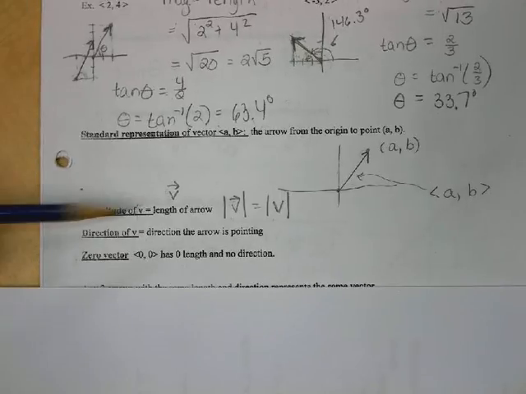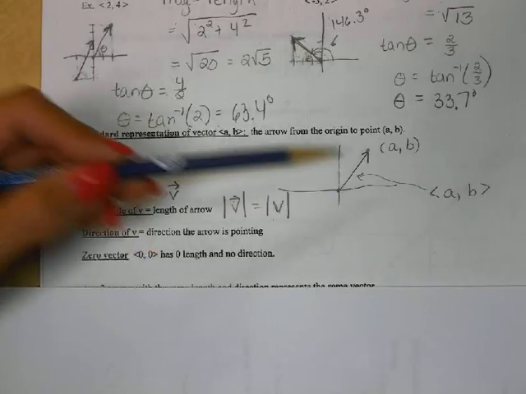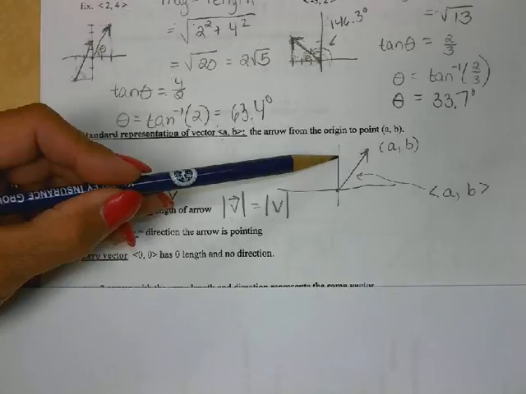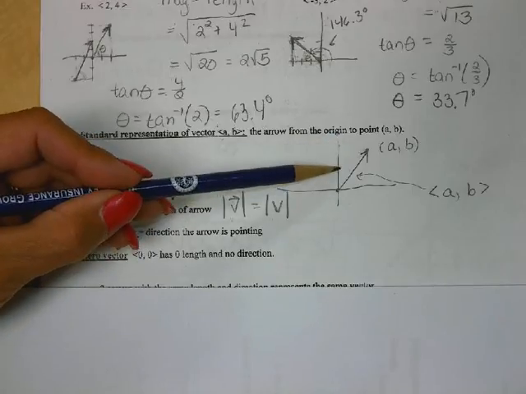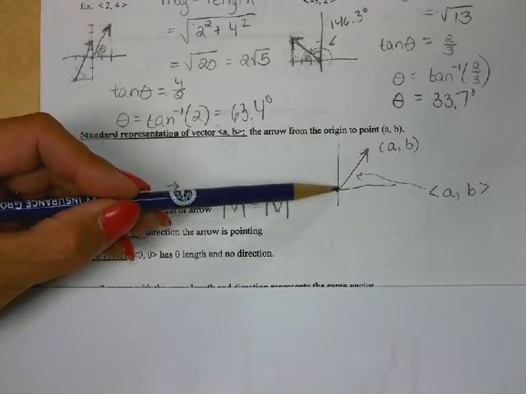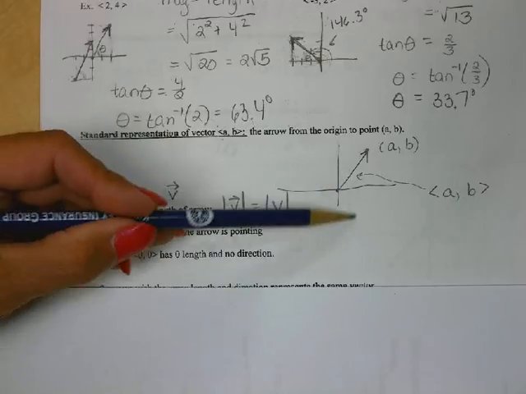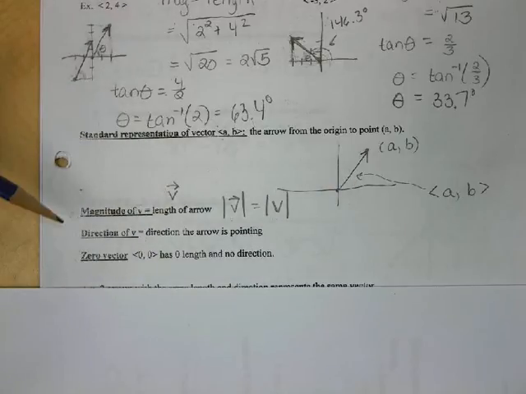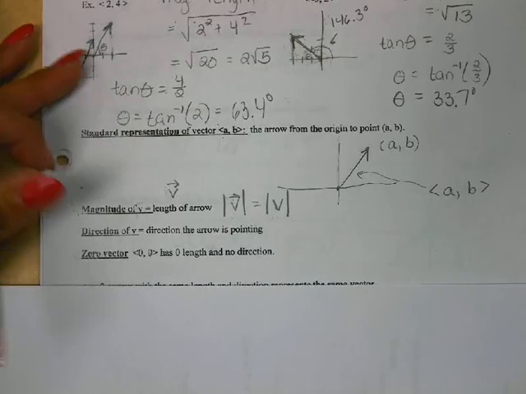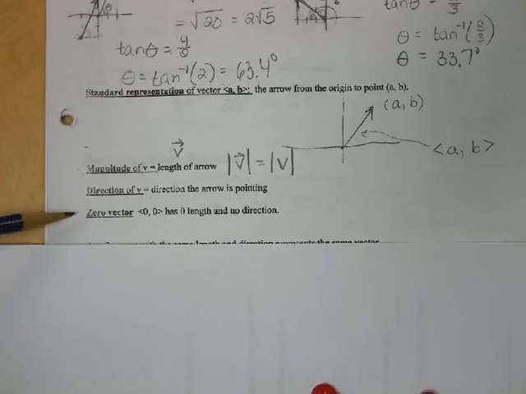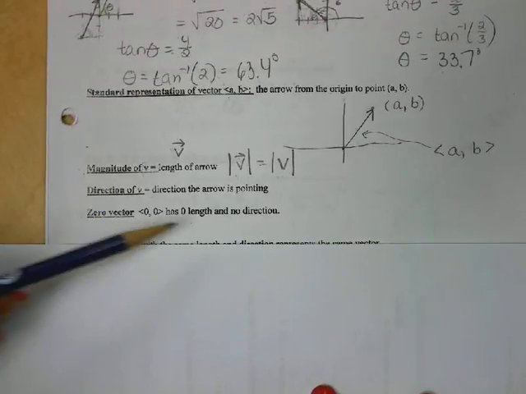The direction, the angle that it's going to make, either with the positive x-axis or with a bearing angle, would be what angle it makes from north going in a clockwise direction. Bearing would be common to be used in aviation and if you're dealing with anything with nautical theme.